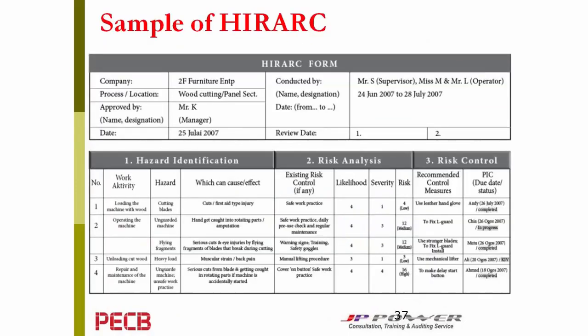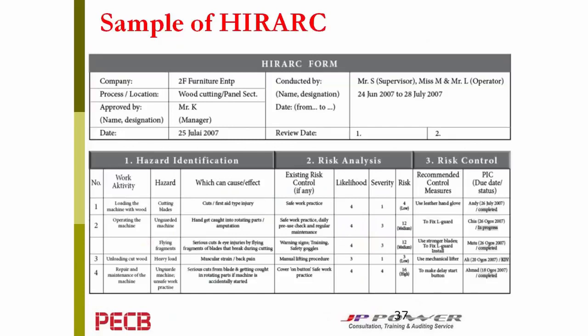And finally, ladies and gentlemen, here is an example of a HIREC form. Basically, the HIREC form is divided into 3 sections. It consists of hazard identification. The second section is called risk analysis, RA, and the third section is called risk control.